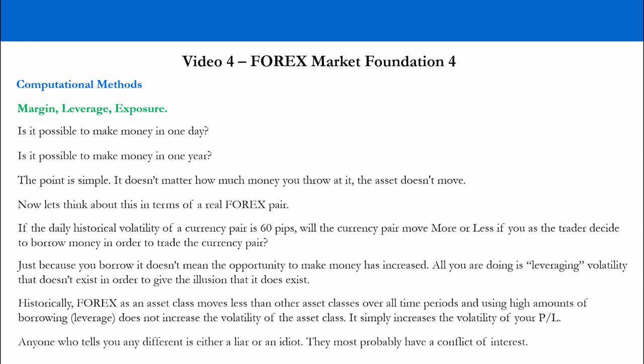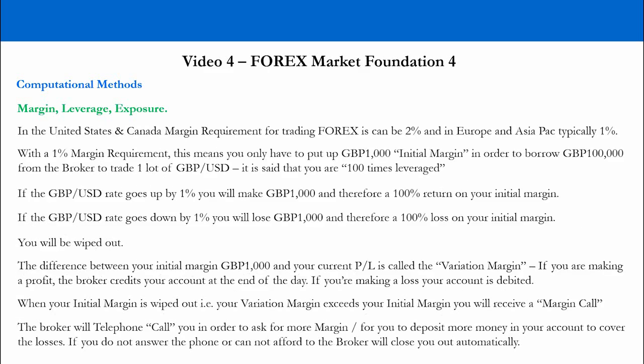So the dumb money that we talked about earlier. When we look at margin, leverage and exposure across the globe, in the US and Canada, a margin requirement for trading Forex can be as low as 2%, but it varies massively across the States and Canada depending on the broker.